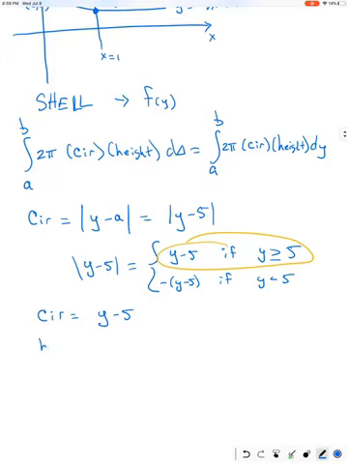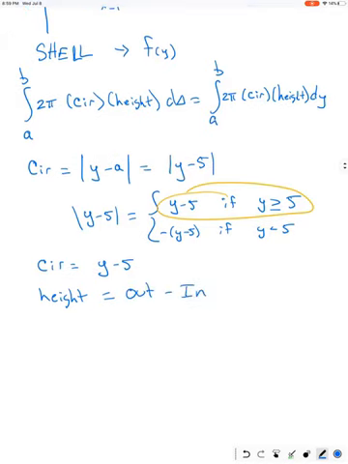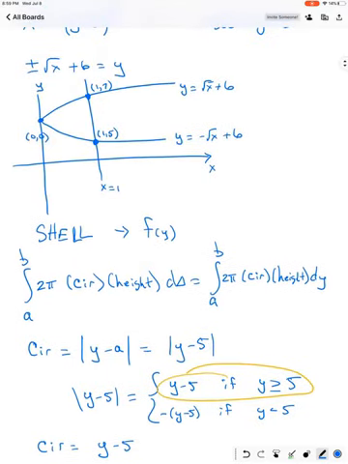And then my height is going to be the outer part minus the innermost part. In this case, the outermost part is x equals 1, and my innermost part is this curve of x.